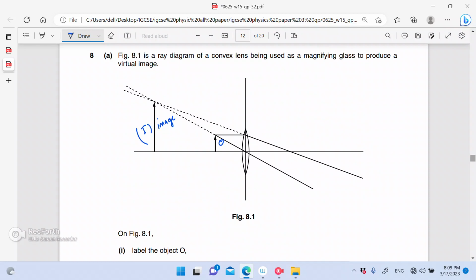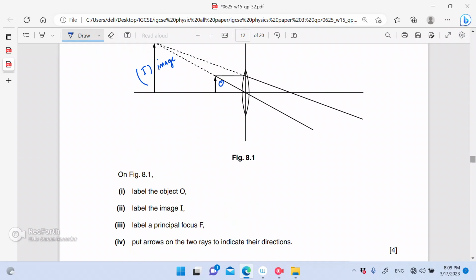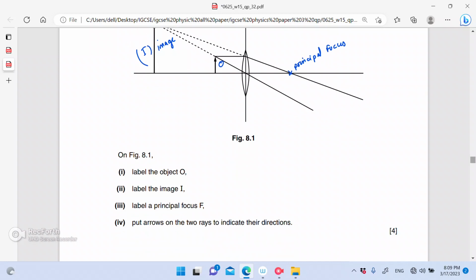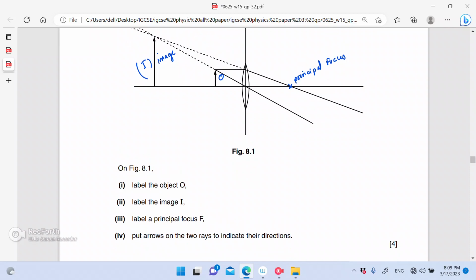This is the image, I. Okay, and label the principal focus. Principal focus is here. Okay, put an arrow on the ray to indicate this side.